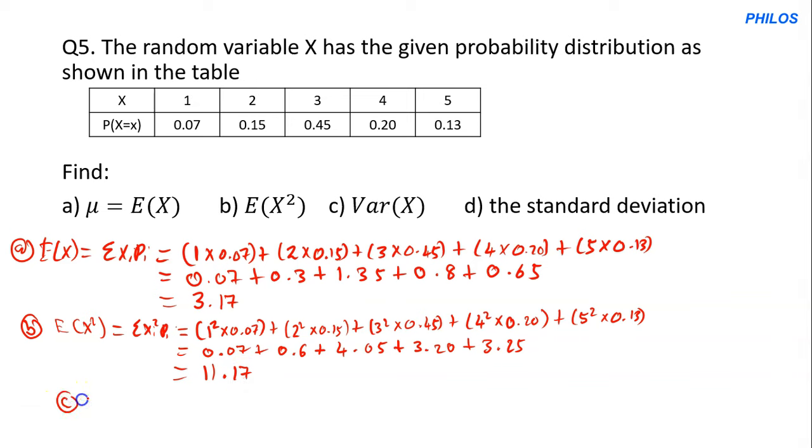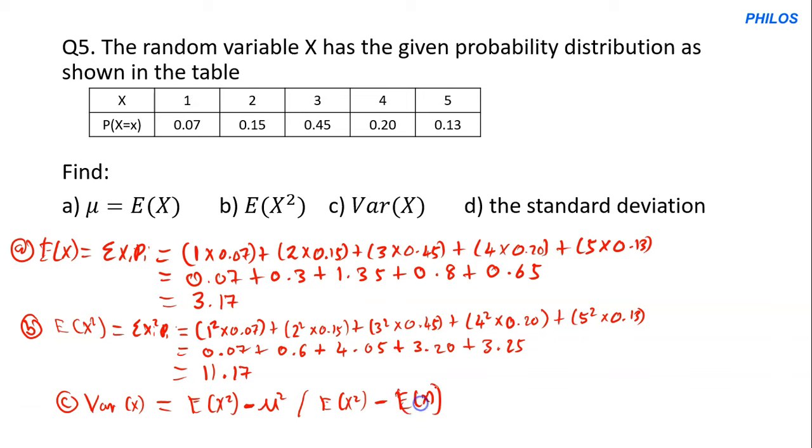Question C says we should find the variance of x. To get the variance, the formula is the expected value of x squared minus mu squared, or you can write it as the expected value of x squared minus the square of the expected value of x.